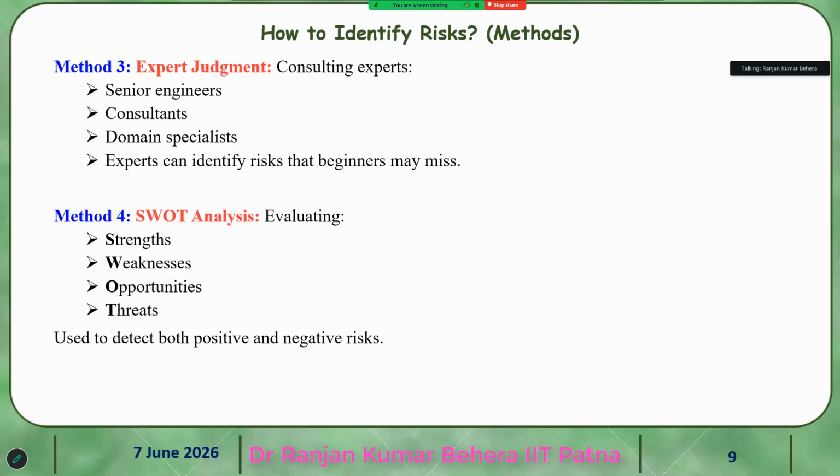Experts can do very quickly what we generally cannot do even by using computers. So who are the expert judgments? Consulting experts. One is senior engineers. Second one is the consultant; any consultant you can hire, and he can give you guidance. Then domain specialists and experts can identify risks that beginners may miss.